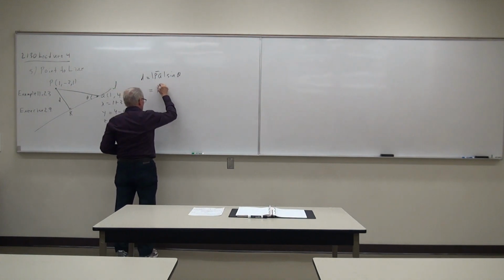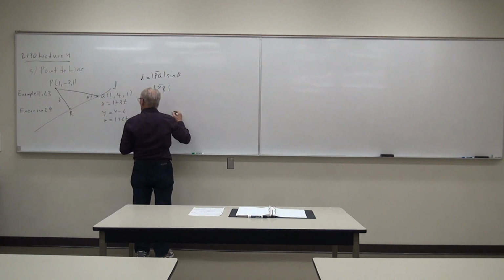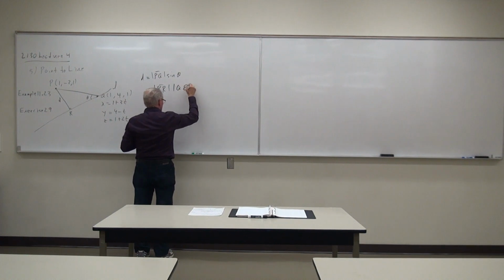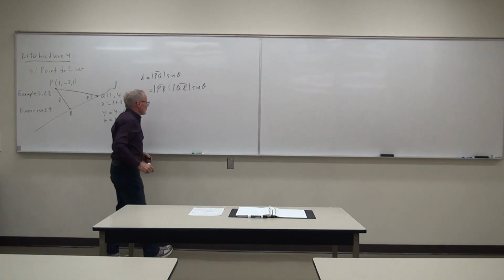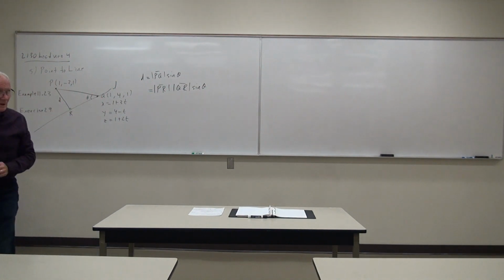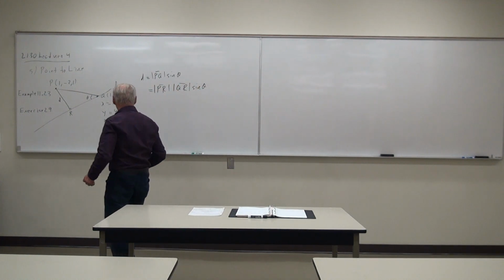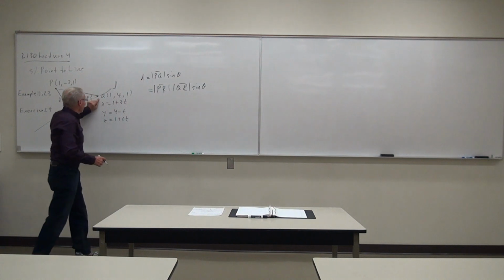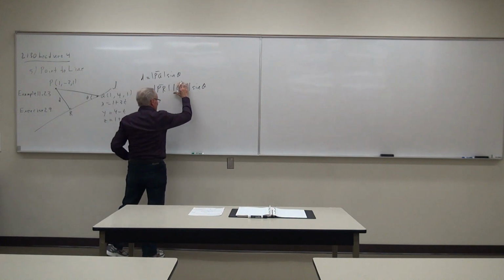I put PR here, and I put PQ, and I put RQ, QR, sine theta. Suppose I do that vector. Would you agree that this and this are the same? And the answer is no, not likely. The length of this vector is not likely to be 1, in which case that would be destroyed.